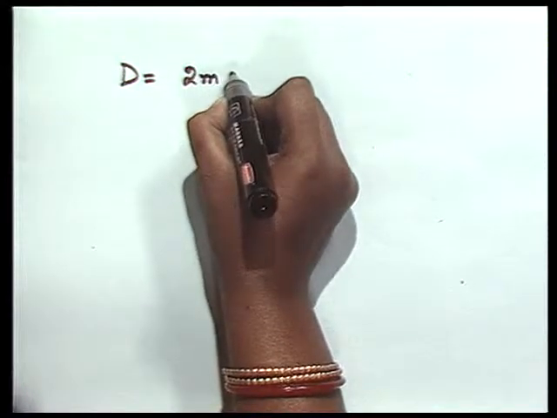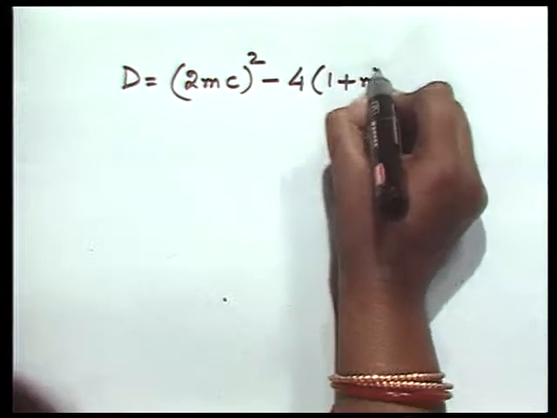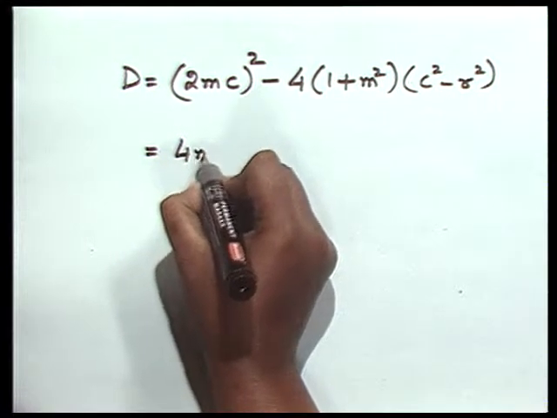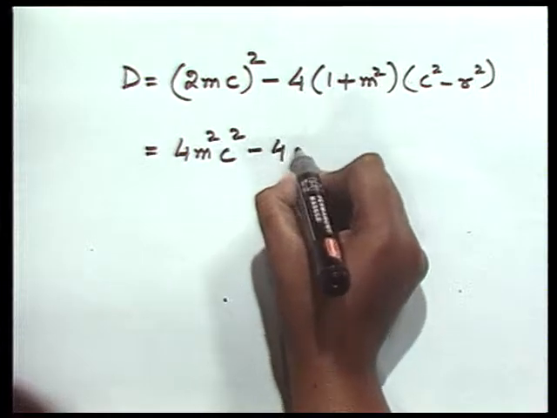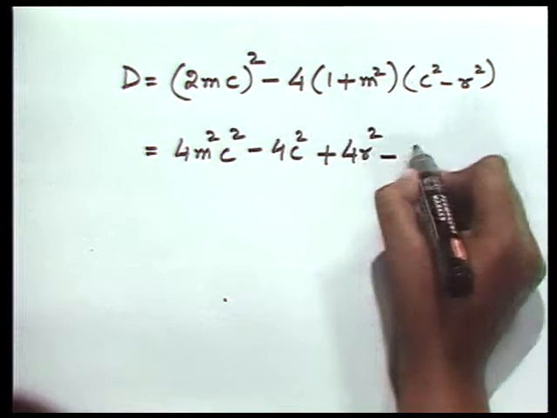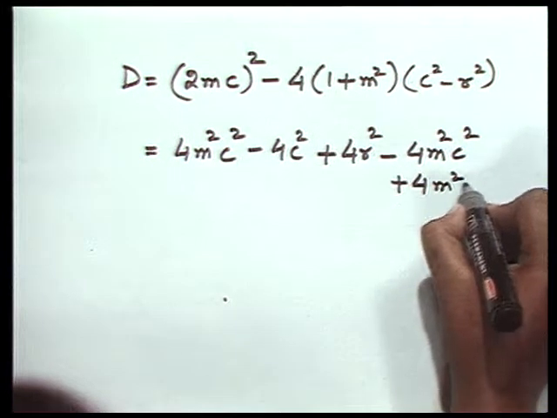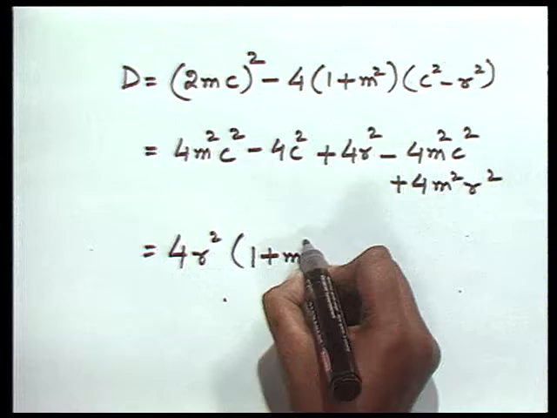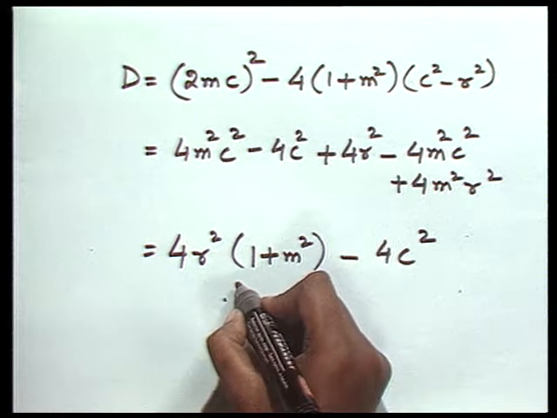So, b square will be 2mc whole square minus 4, a is 1 plus m square and c is c square minus r square, which is equal to 4m square c square minus, I am opening the brackets here, 4c square plus 4r square minus 4m square c square plus 4m square r square, which further gives us the value of d as 4r square into 1 plus m square minus 4c square. Now, this is the discriminant.